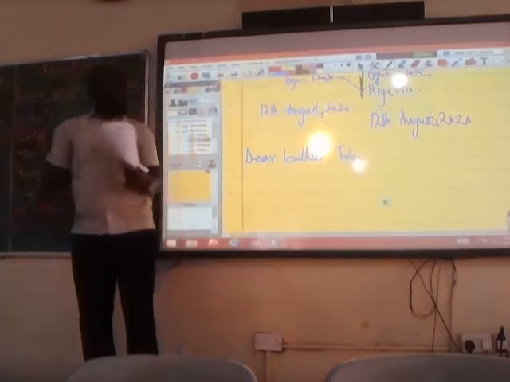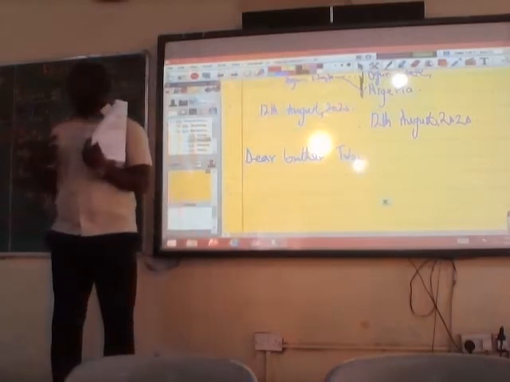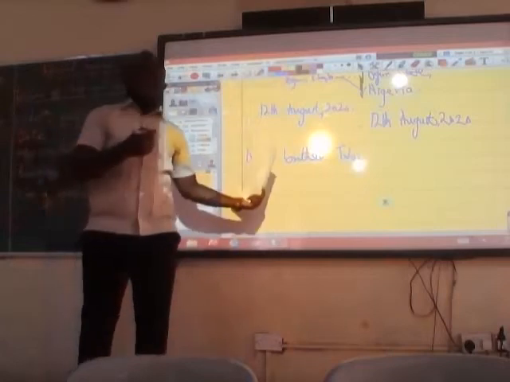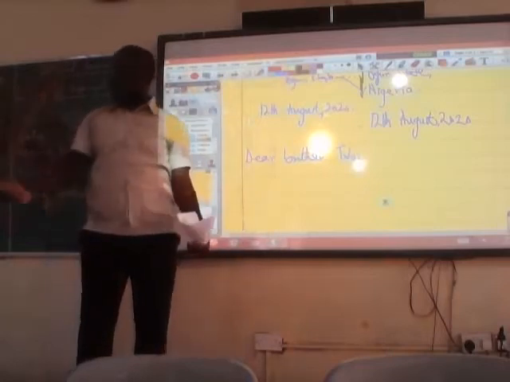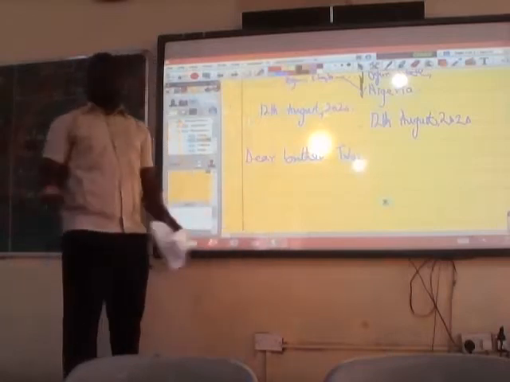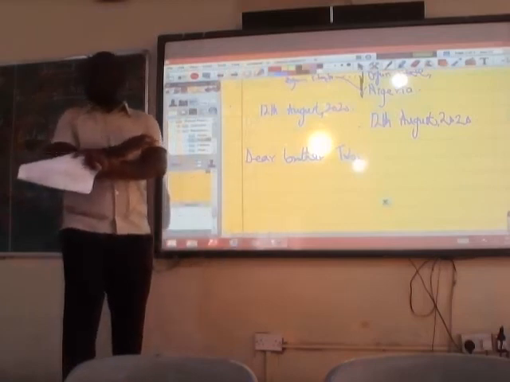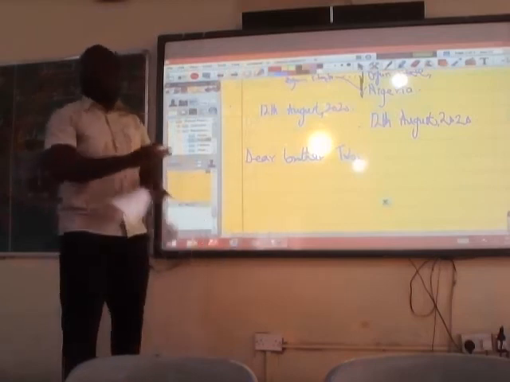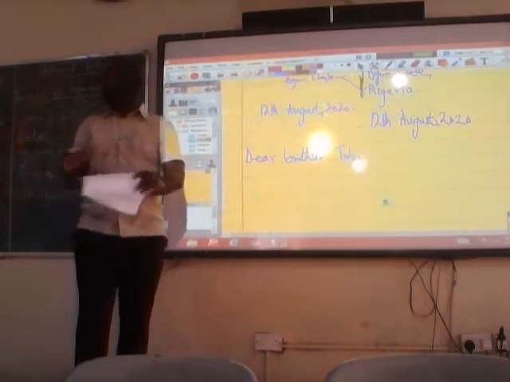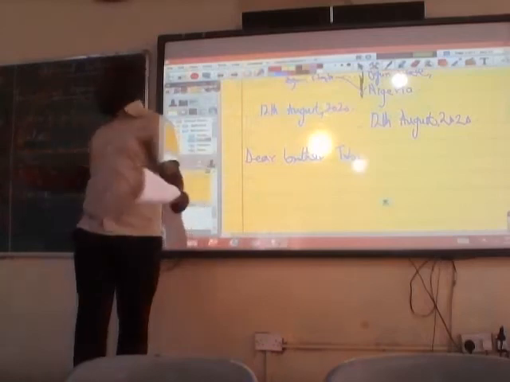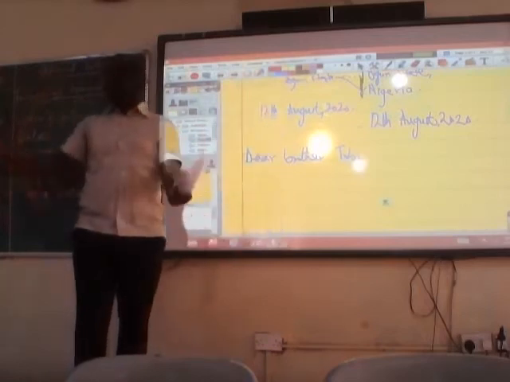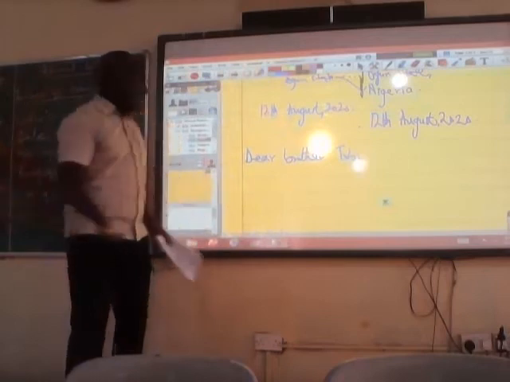Are we together? Take for instance, whenever I want to write an informal letter, my approach to it is that my first paragraph happens to be my introductory paragraph. And you know, in an informal letter, pleasantries are allowed, right? I'll just start.